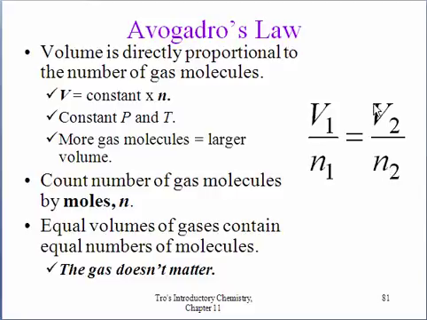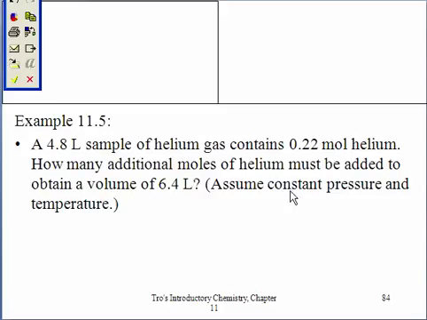Now, as always, the units for the volume need to be the same. And typically that's liters. And then, of course, the units for moles need to be the same. Now, if you're given grams, you would have to convert your grams to moles by dividing by the molar mass.